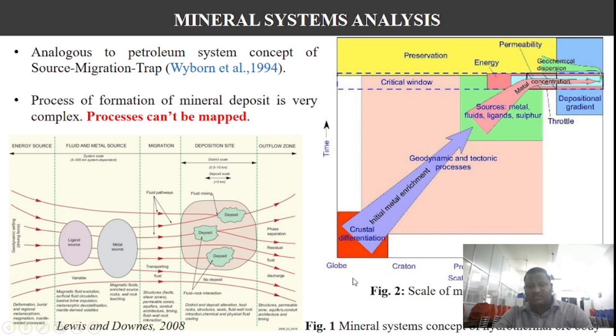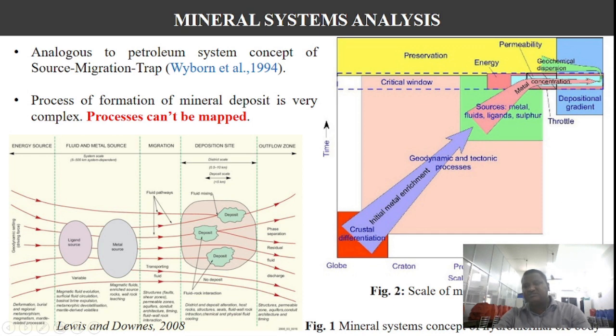At the global scale, crustal differentiation occurs and initial metal enrichment happens, what we call the geochemical inheritance. From craton to province scale, the geodynamic and tectonic processes play a major role, which triggers the mineralization process. And from province to district scale, the source of mineralization begins, which includes the source of metal, source of hydrothermal fluid, and source of ligands.